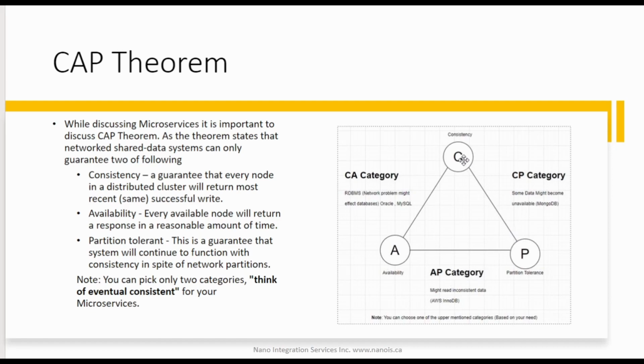Or you can choose consistency and partition tolerance. In that particular case, which is the CP category, some data might become unavailable, but the rest of the data is still available, a subset of that data. MongoDB is one of the typical examples of this one.